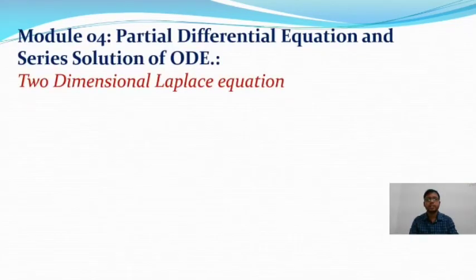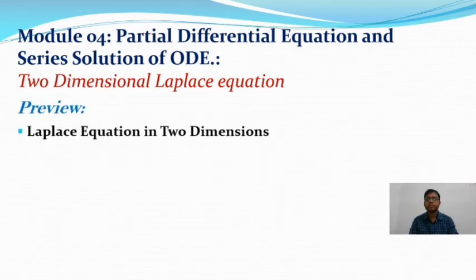So before we start today's lecture, let's quickly recall the last lecture. In the last lecture we discussed the two-dimensional Laplace equation in the fourth module of Mathematics 3, that means partial differential equations and series solution of ordinary differential equations. We talked about the solutions of Laplace equations.